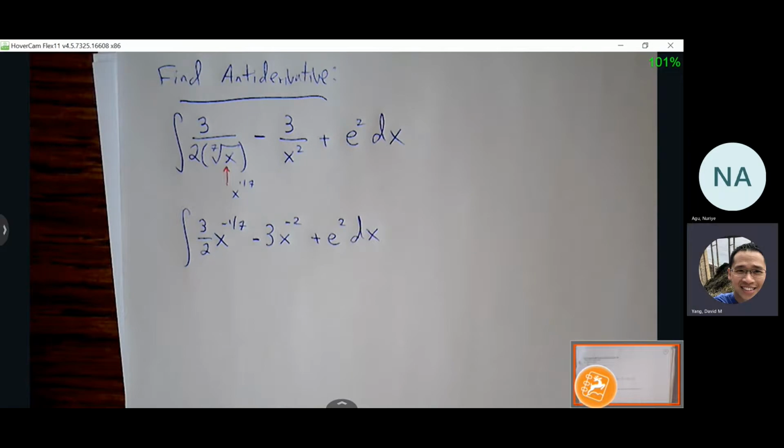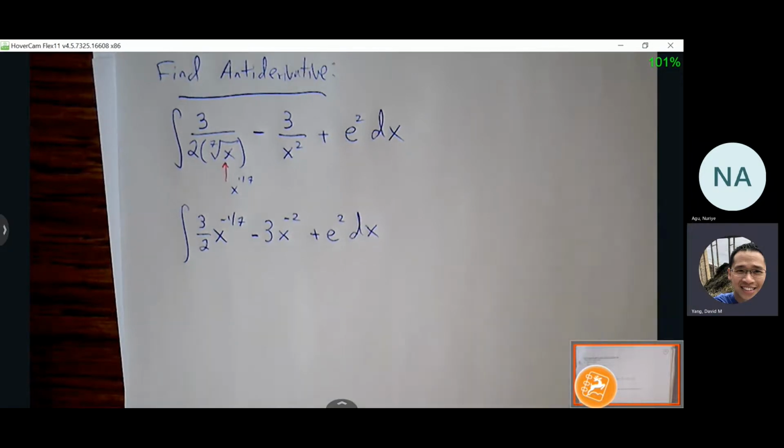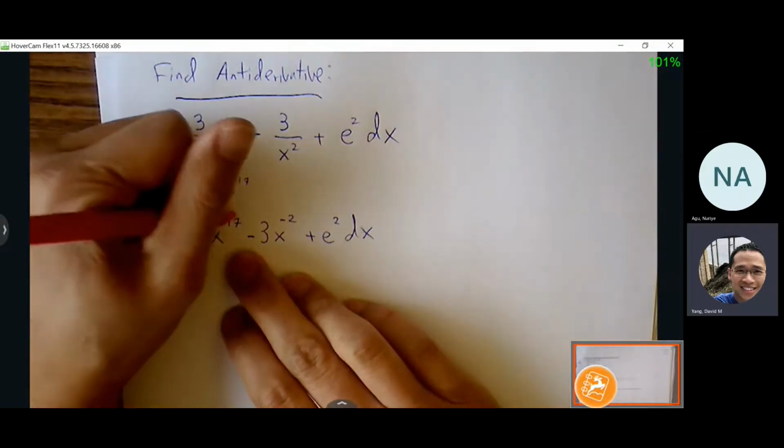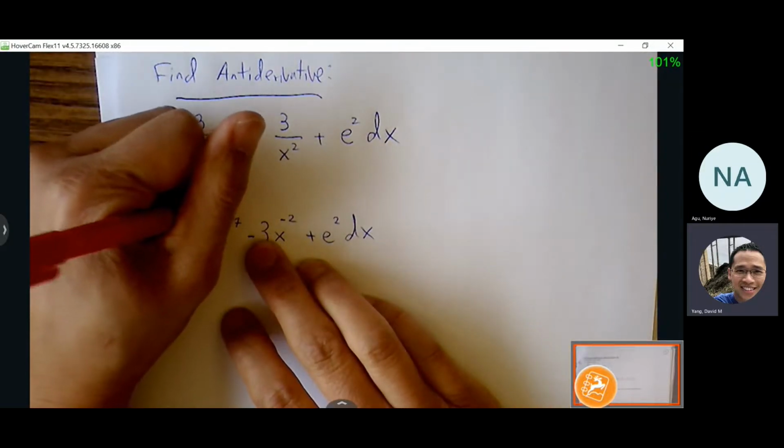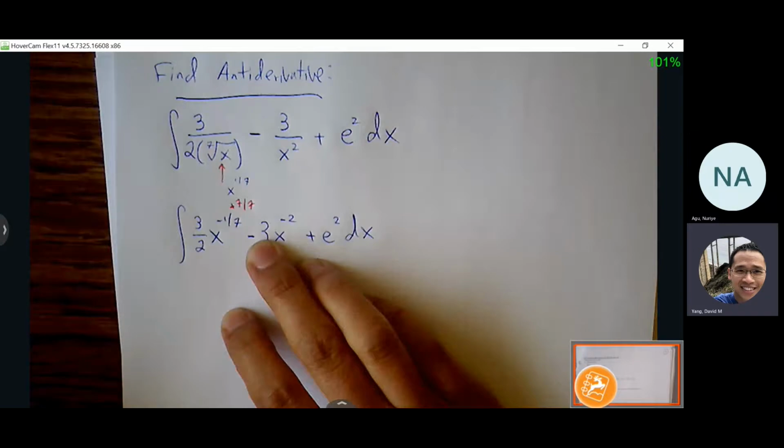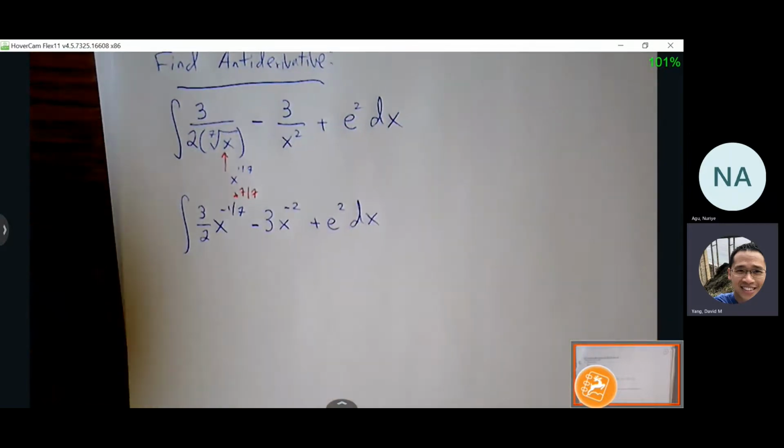Okay, every term is set up and ready for power rule. We're going to add 1 to the exponents for each of these. So common denominator here, I'm going to add 7/7 to get that +1 to work out.